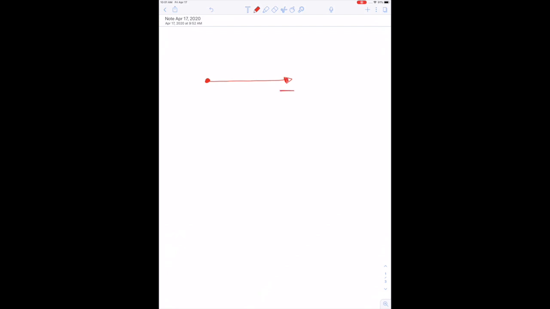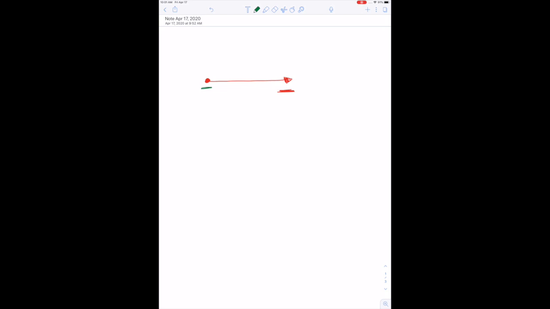This arrow means that the line we drew doesn't stop here. It continues on forever in the direction that it is pointing. Right here it continues on forever, but right here, that dot means it stops. So that's what a ray is.